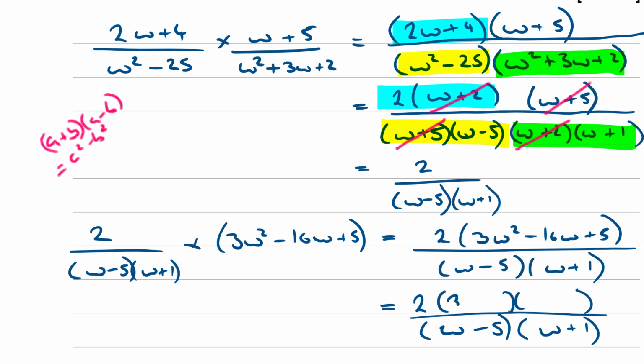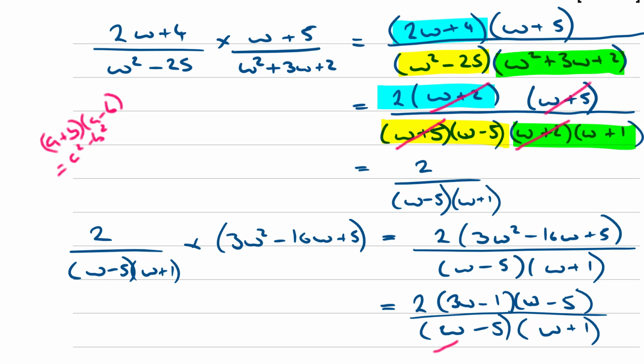Well, if it does, it's going to have a 3w here and a w there, and the numbers are going to have to multiply to 5 and add to −16. So if we put a −5 in there and a −1 in there, then that works, doesn't it? 3w times the −5 gives me −15w, and the −1 times the w gives me −w, so −16w altogether. So that does work.